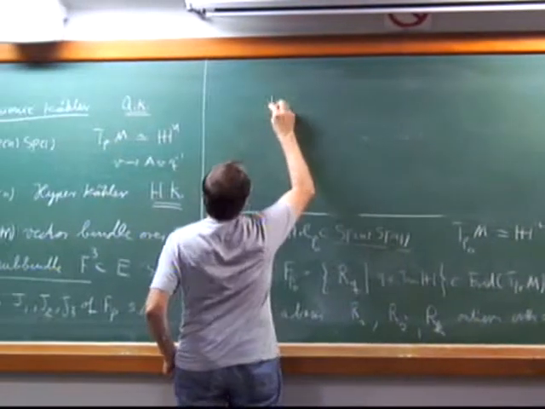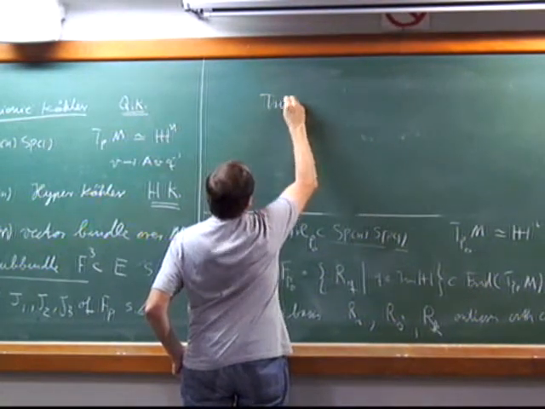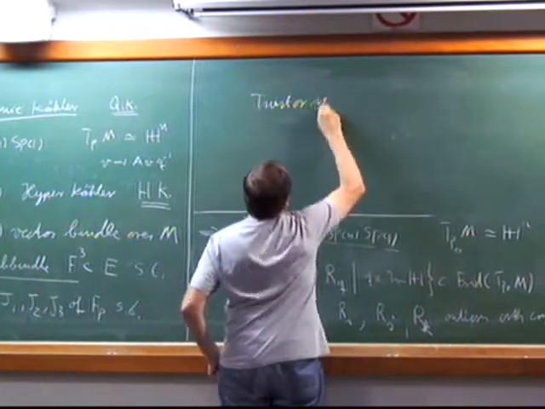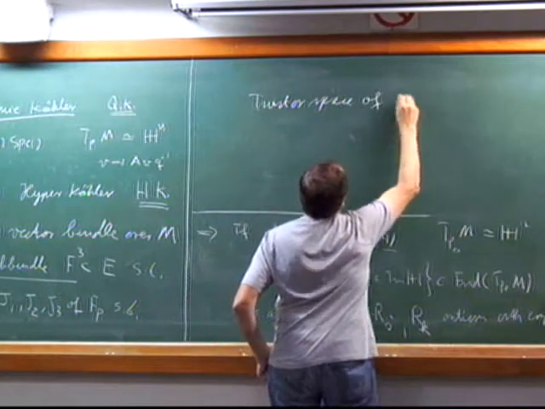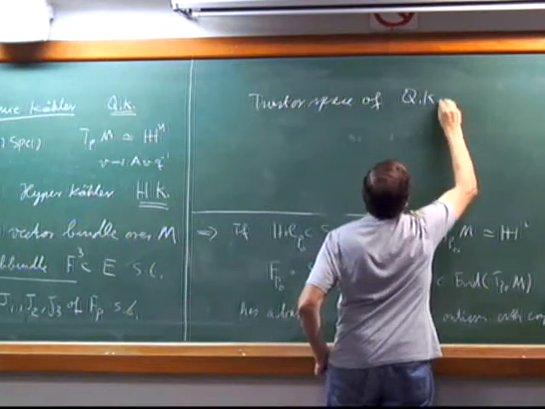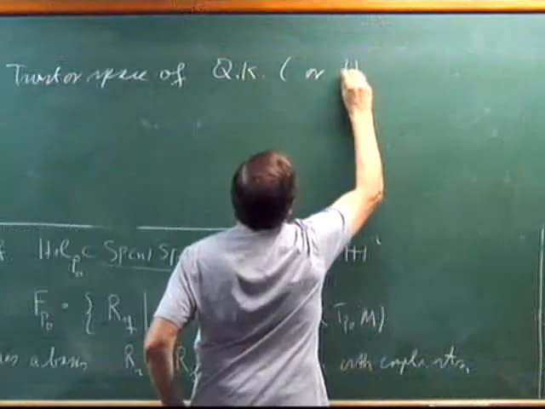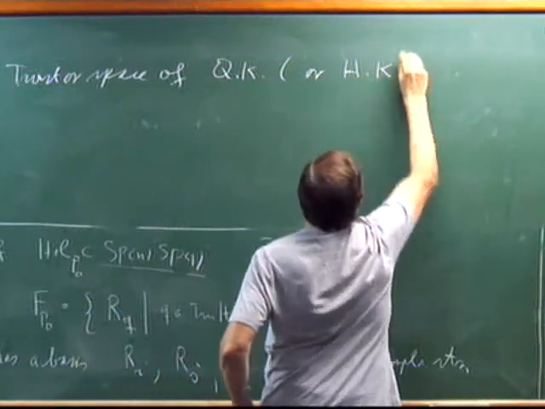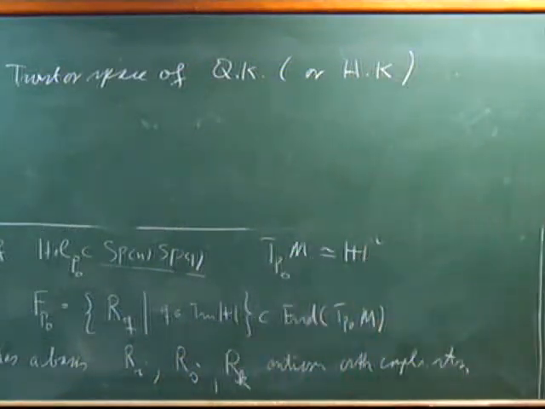It's an important object, and I think it's really neat the way it's defined. So for the quaternion Kähler manifold, or hyperkähler, that's again the hyperkähler case, since that's an example of quaternion Kähler.